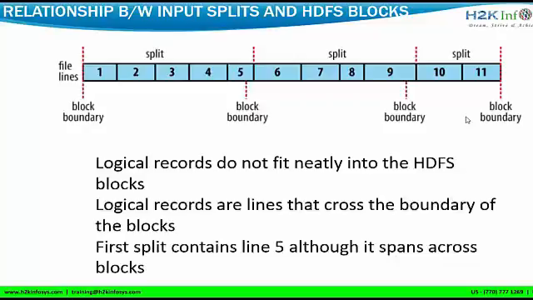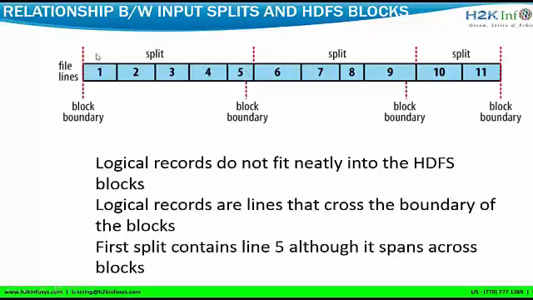But if you read it in the form of records, my first block boundary is ending somewhere in between the record itself. It's not reading the total 5th record, so it is losing some information. That is the reason a new concept was introduced called input splits.